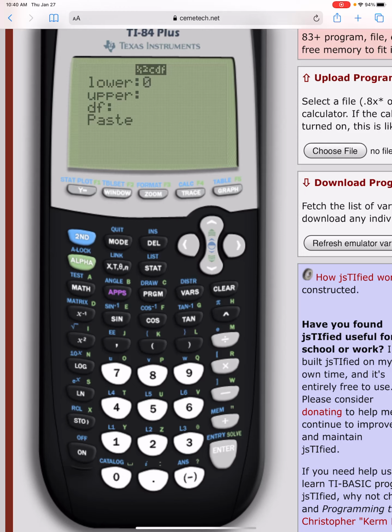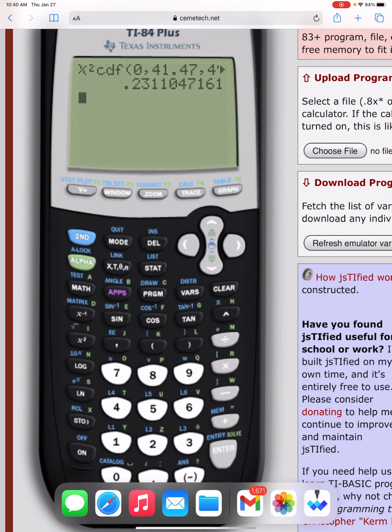Now the lower, you could think of putting in negative infinity, but if you remember about chi-squared, it starts at 0. So negative infinity is what you put in when you go all the way to the left on a normal variable, but for chi-squared, you can just put 0 there. And then your upper was 41.47, and my degrees of freedom were 49, and we hit that and we get 0.23. That means my p-value is 23%.